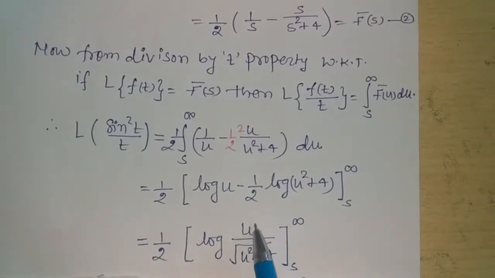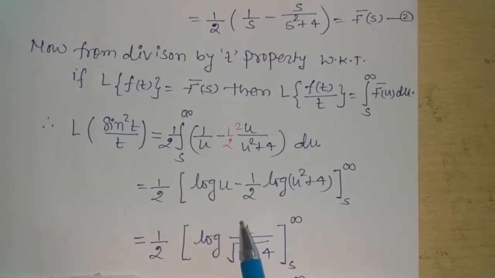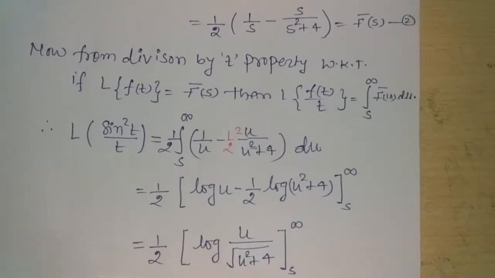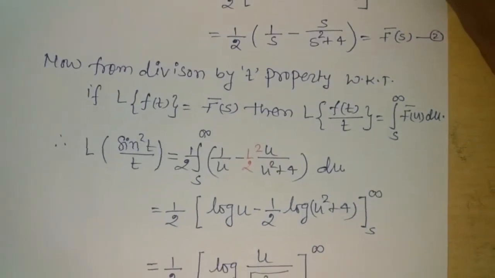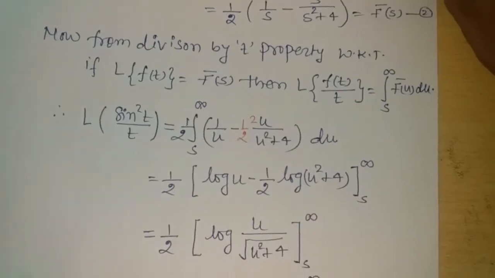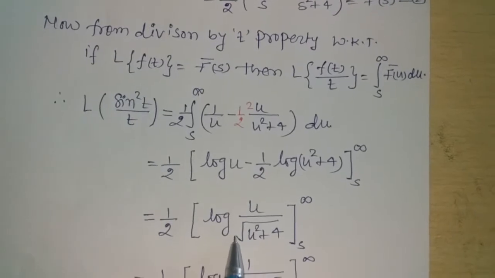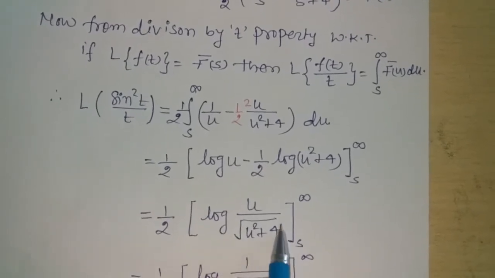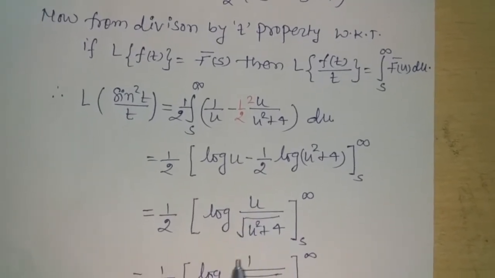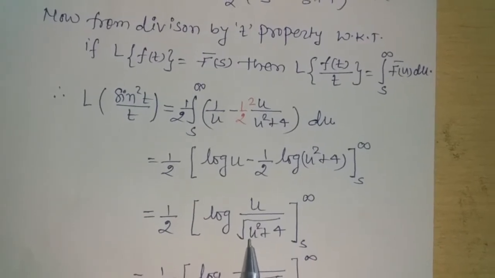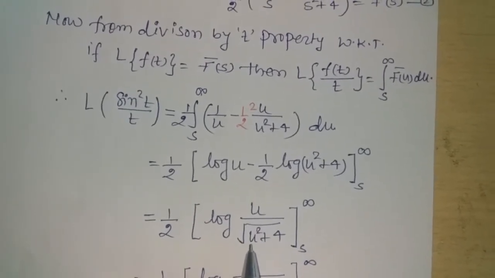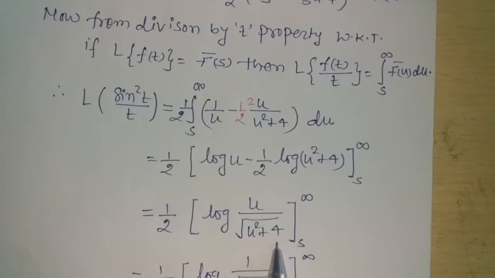Now if we put the upper limit here, then we get infinity upon infinity, that is an undefined form, and to resolve this undefined form we take u square common from the denominator. So we get u outside the square root sign, and then u to u cancel. And here after taking u square common, we have 1 plus 4 by u square.